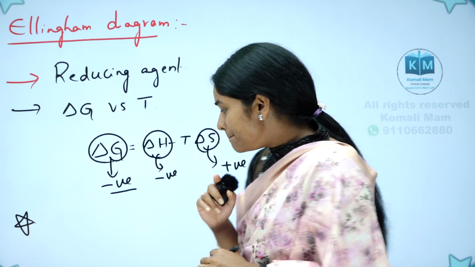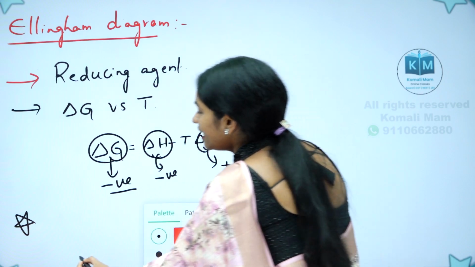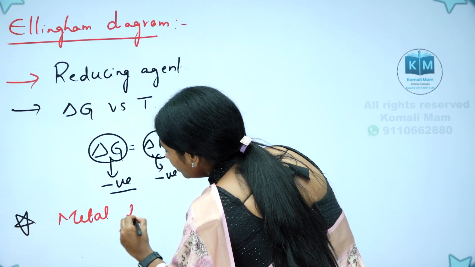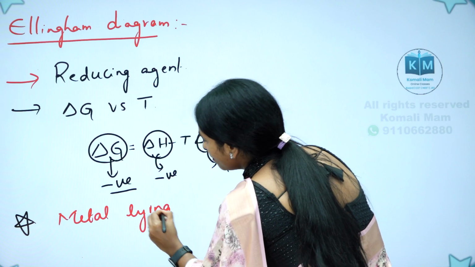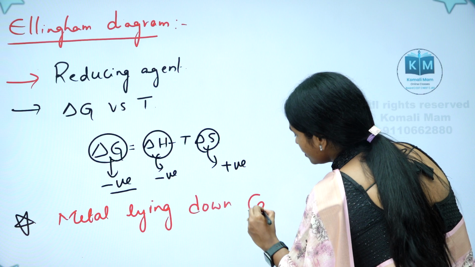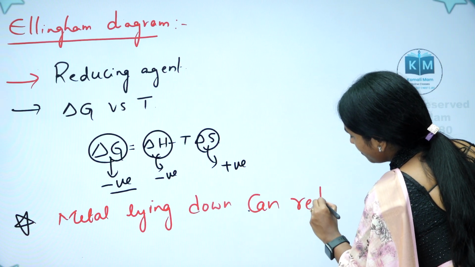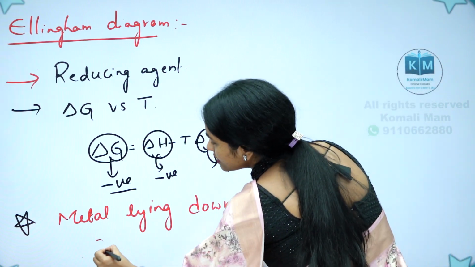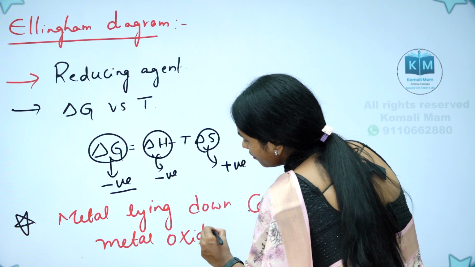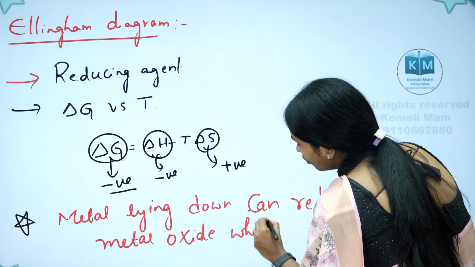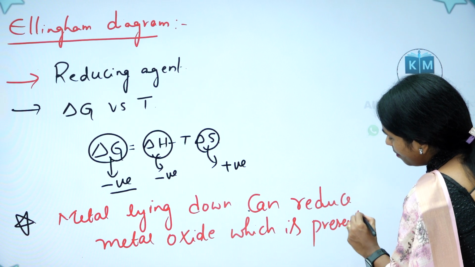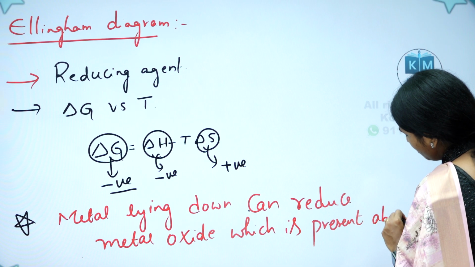That point is: metals lying down in the Ellingham diagram can reduce metal oxides which are present above.